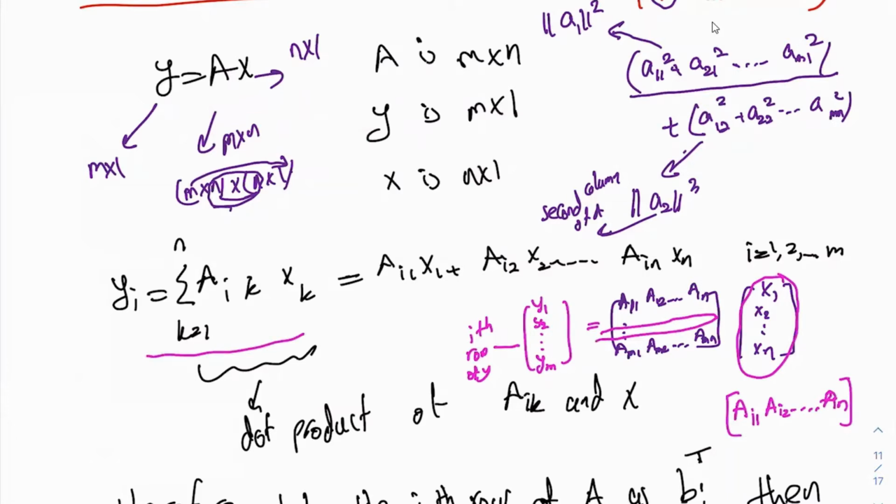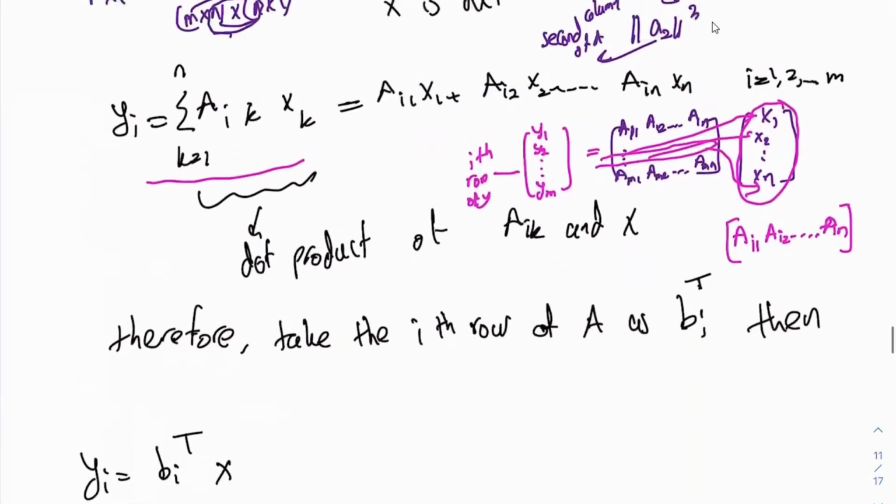What do I mean by that? It means that you multiply ai1 by x1, ai2 by x2, and all the way to ain by xn. So that's one way to define yi.